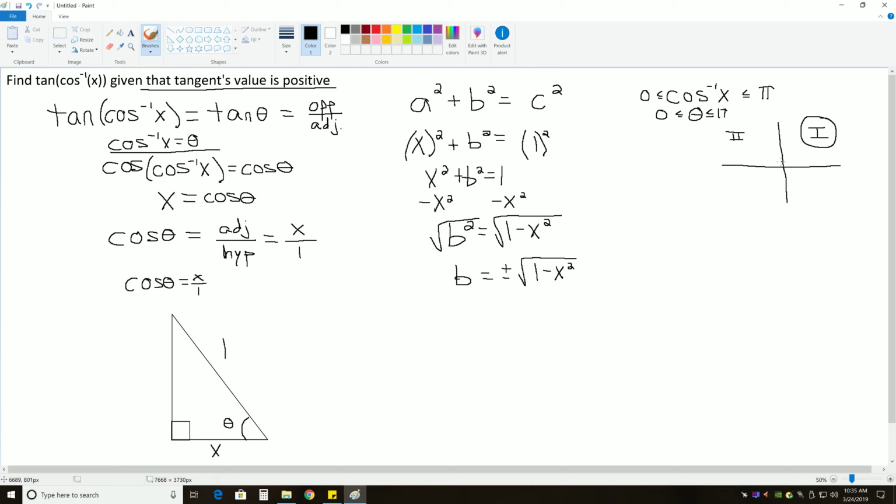So in this triangle, that means we have a positive value on our y-axis and a positive value on our x-axis. In other words, this x value has to be greater than 0, and this unknown side value here also has to be greater than 0.